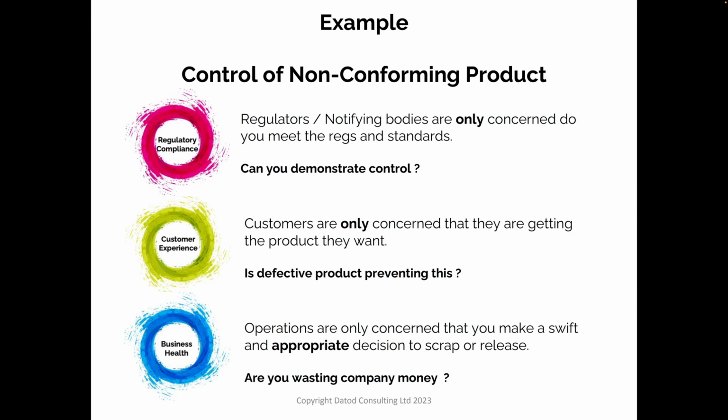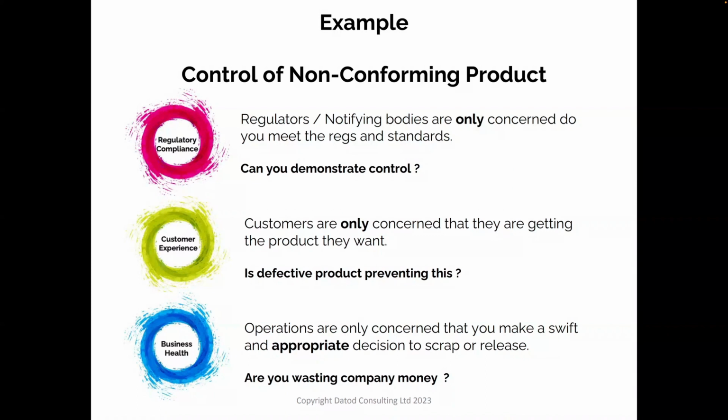Now, the regulators will look at this very specific quality system element, and they will only be concerned with: are you meeting the regs and standards? Are you demonstrating control? Are you segregating? Are you labeling adequately defective product, non-conforming product? Are you demonstrating against the expectations of the regulations or the standards? You're controlling non-conforming material.